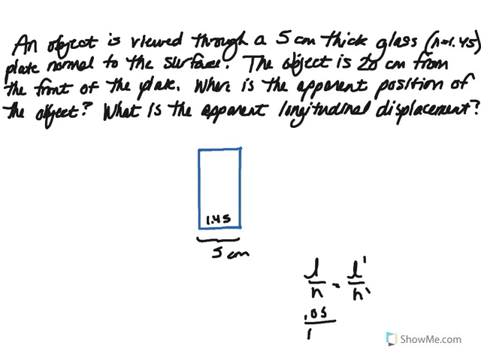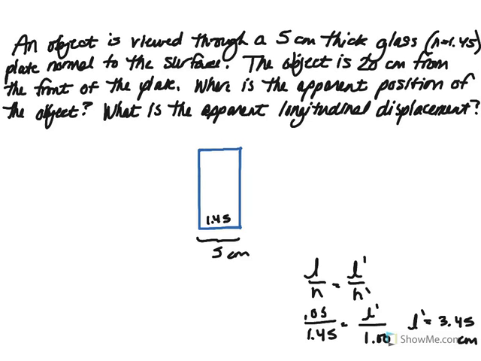Our object index of refraction is 1.45. We solve for the image distance, and the image index of refraction, the air, is 1.0, and we have L prime is equal to 3.45 centimeters. So that would be the apparent thickness of this plate of glass.